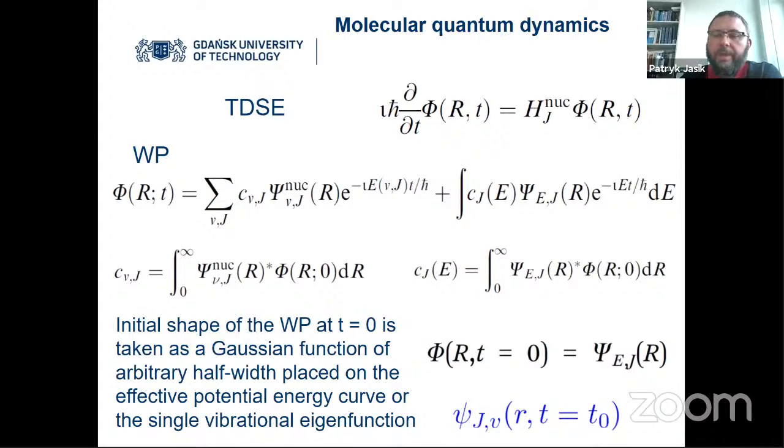And in our case, we chose two approaches. In the first approach, we took a Gaussian function which was placed on the effective potential curve. And in the other approach, we just take a single vibrational eigenfunction to find the lifetimes and population decay from a specific vibrational level.